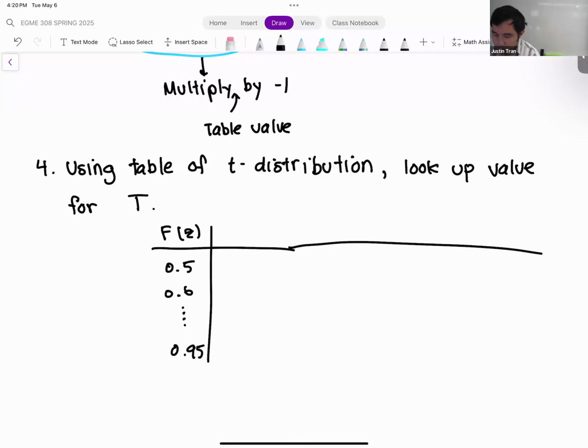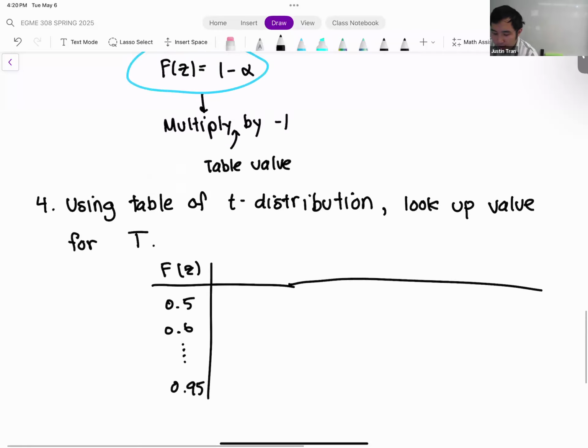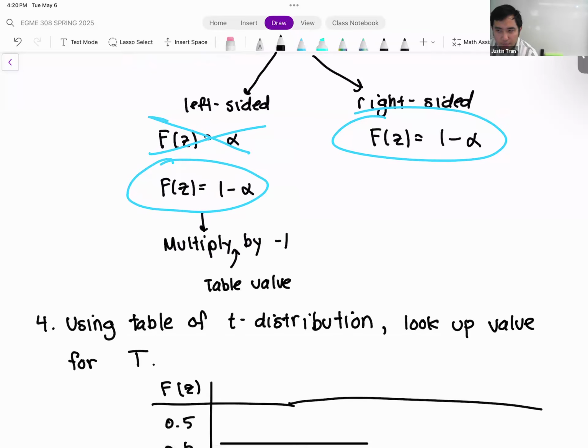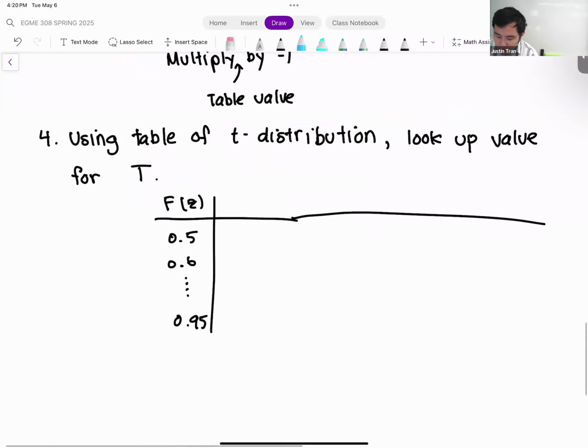Okay. So that's the first column. The first column you're going to look at is based on whatever value you get for f of z. You're going to go to that row. Okay.